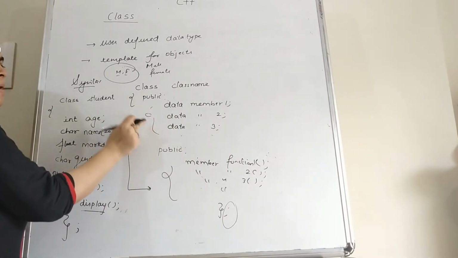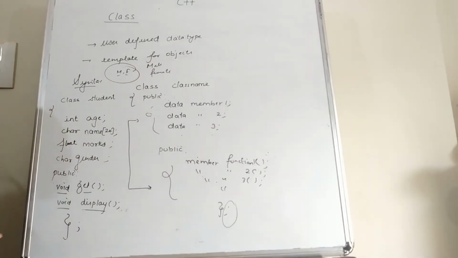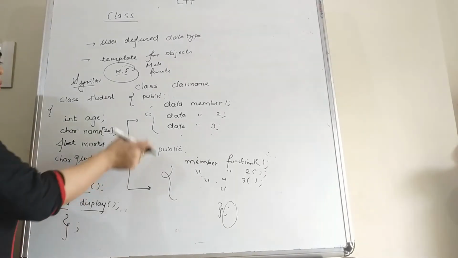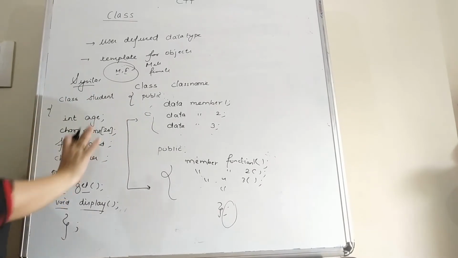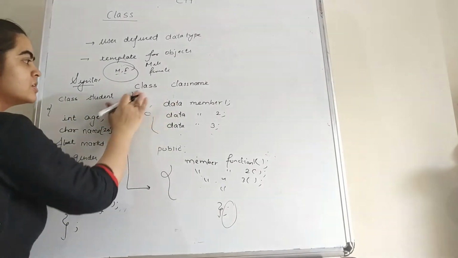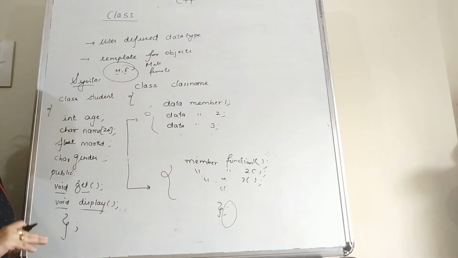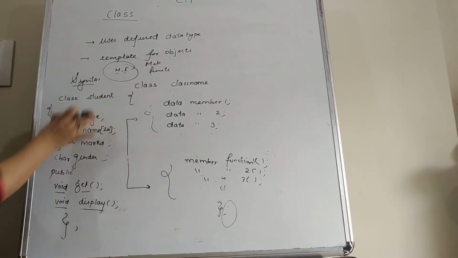Now these data members are converted into public. So if you want to declare the data members and member functions as public or protected, then you have to specify. But if you are not going to make them public or protected, then there is no need to write anything here. That means by default all the member functions and the data members of the class are private in nature. So this is the syntax and this is the example.